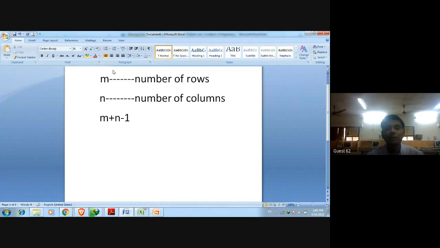Means if you have allocated m plus n minus 1, then your solution is optimal. If your solution is not according to this formula, then your solution is not optimal, and then you have to check the optimality test.